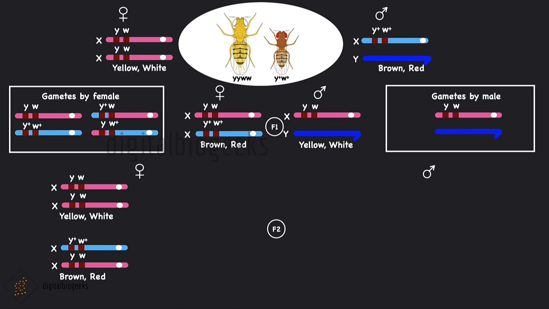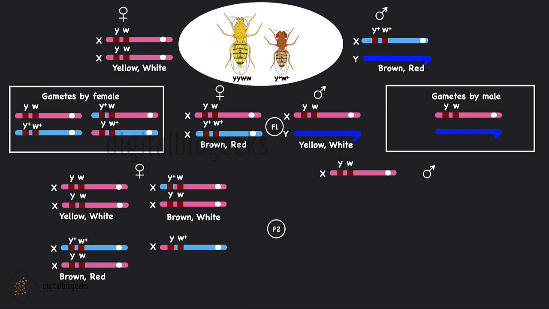These two offspring are parental type. Now the recombinant ones are formed by joining the rest of the X chromosomes from each parent. Here we get a brown-bodied white-eyed fly and a yellow-bodied red-eyed fly which are different from their parents. They are the recombinant ones.